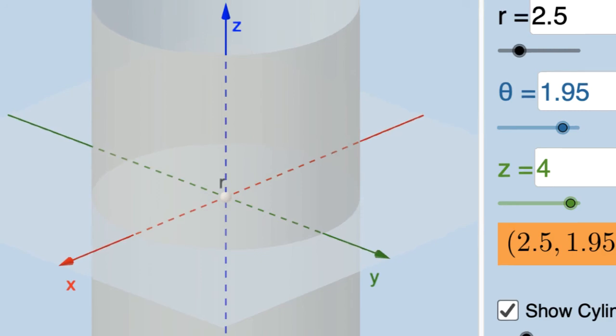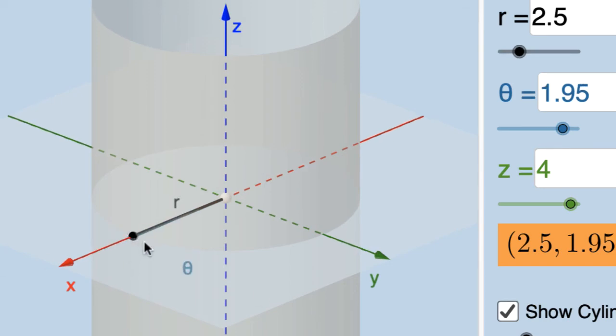So here you're increasing the radius from 0 up to 2.5. So you hit here, and that would be at an angle of theta equals 0. Now what we're going to do is start moving until you reach an angle of theta equals 1.95. And again, this theta is being measured in radians.